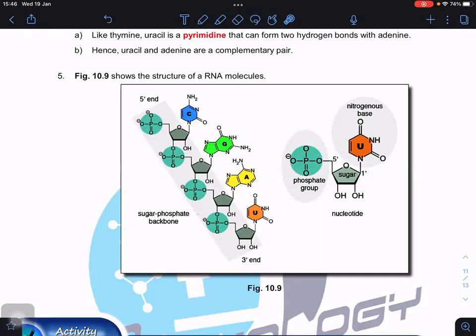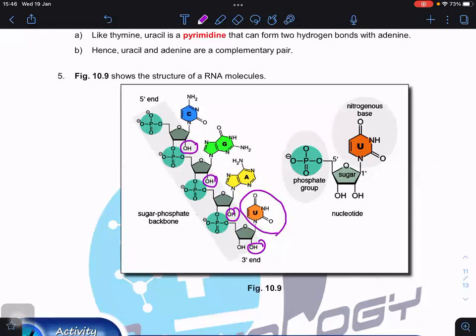Why? Two things are visible here: the presence of the uracil, as well as the OH group at carbon number 2. Can you see that? OH group presence at carbon number 2. So based on these 2 features, I can confirm that this is an RNA molecule.